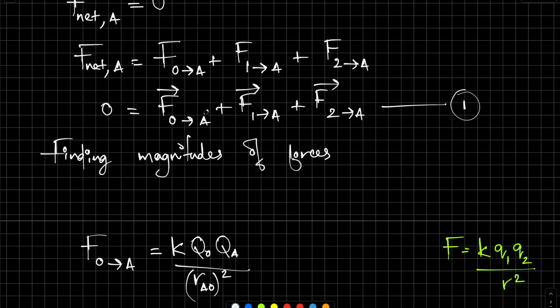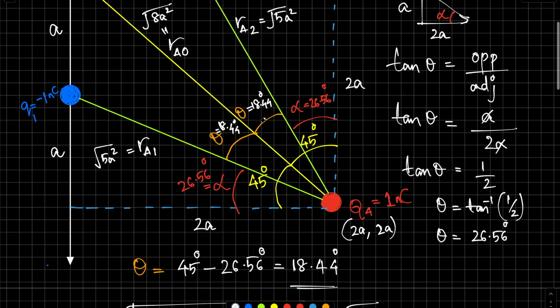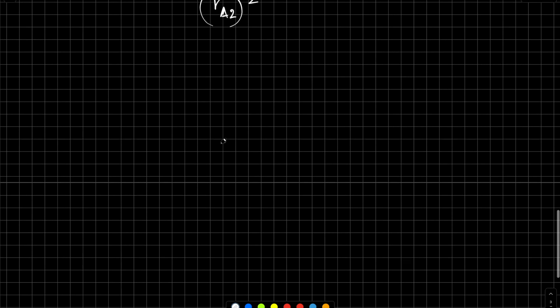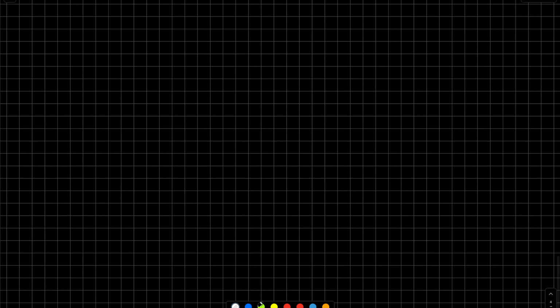Okay. Now let's find the directions. We have three vectors, and we're going to deal with the directions now. So I'll draw this picture separately, a smaller picture. I have Q0 here. This is Q0, a positive charge.